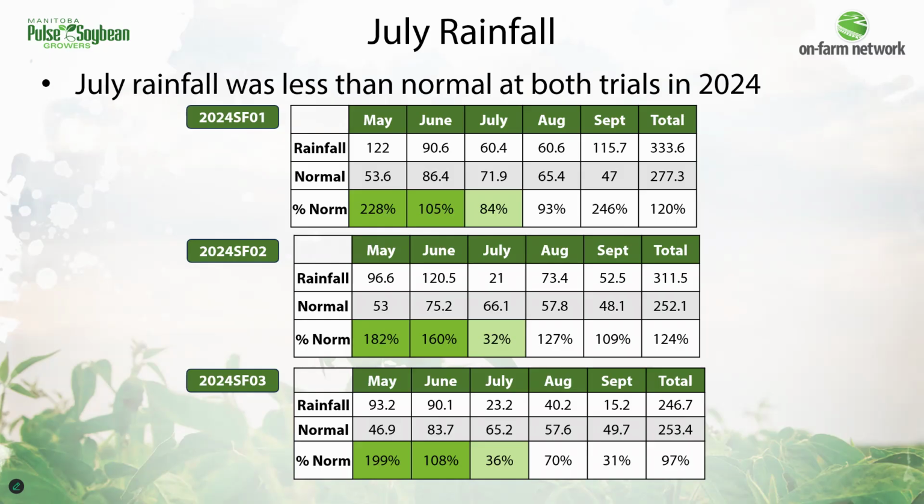At all 3 sites, there was a lot of rainfall in May and June, from 105% to 228% of normal. In July, the rainfall tapered off and ended up lower than normal. So the conditions were certainly conducive to disease development leading up to flowering.